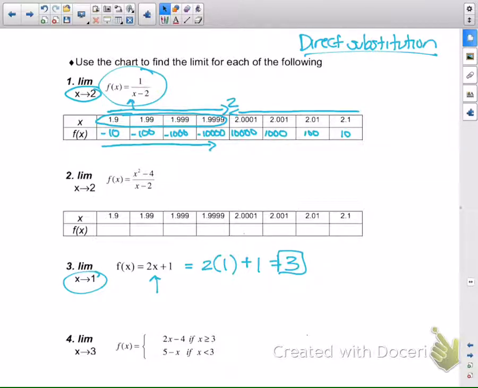Well, those numbers would be getting closer and closer to 2. The numbers on the bottom that we've been finding are going to just keep adding zeros, right? Bigger, bigger, bigger, negative, which means it's going to where? Negative infinity. The bigger those numbers get without stopping, they're going closer and closer and closer to negative infinity.